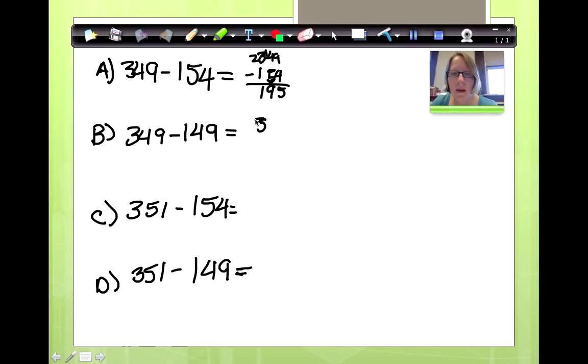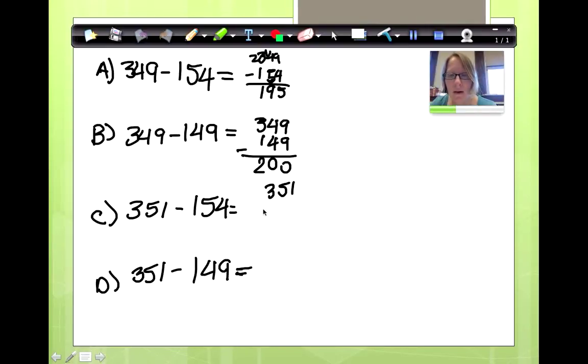This one over here, pen's not working very well. Okay. Find my mouse. 349 take away 149. Now, when I line it up like this, I notice right off the bat, 9 take away 9 is 0. 4 take away 4 is 0. 300 take away 100 is 200. Okay, no big deal. Now let's do this one. 351 take away 154.